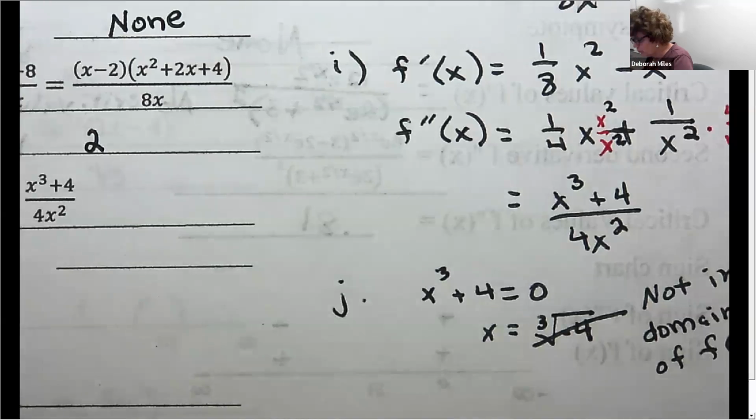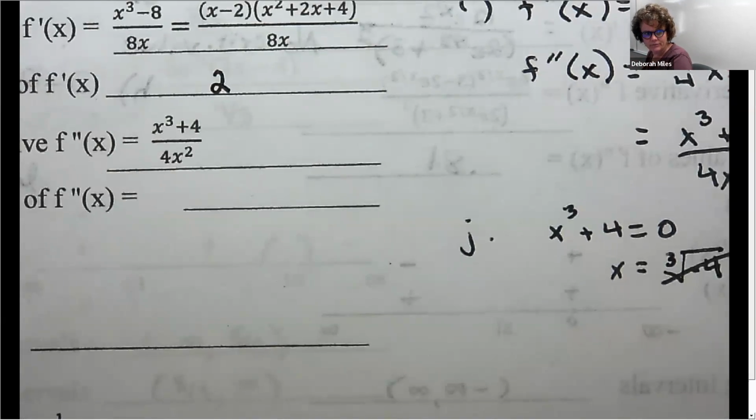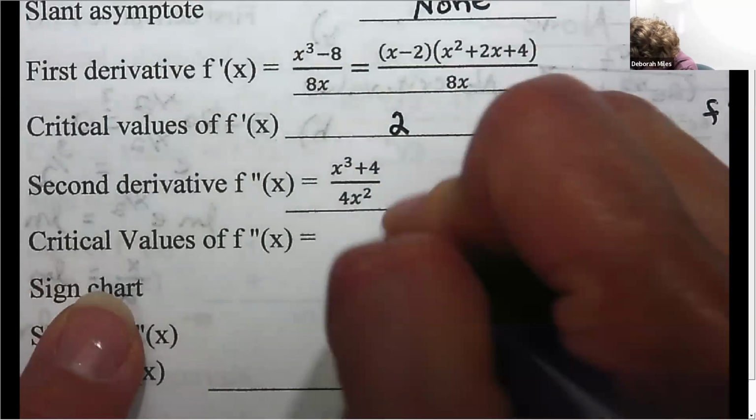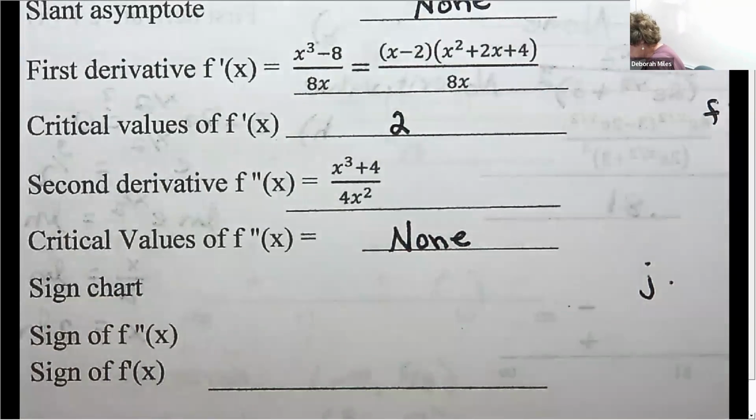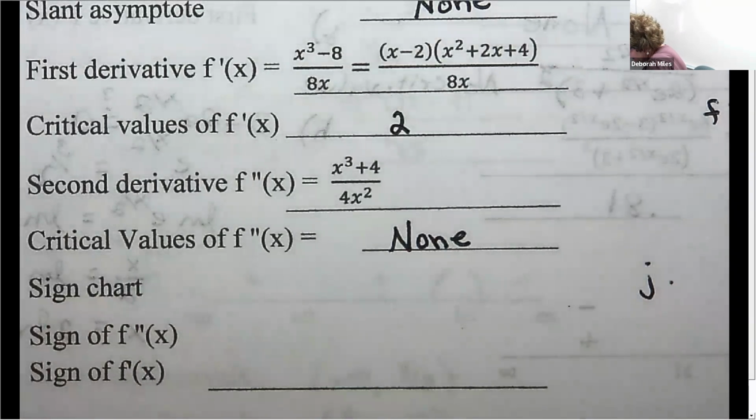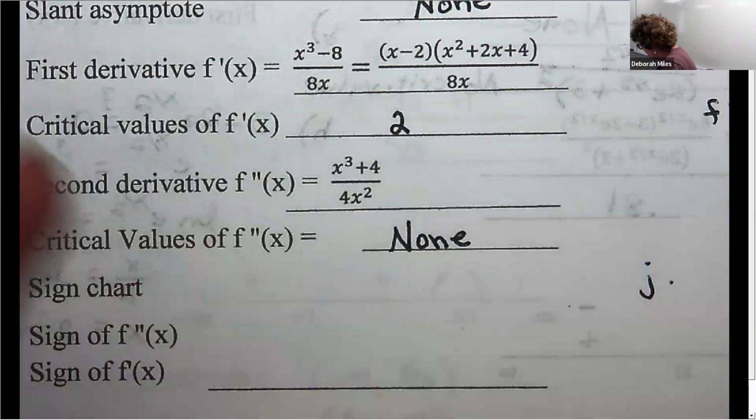So what does that tell us about critical numbers of the second derivative? There are none. Which tells us what else? No inflection points. And what does it tell us about concavity? No change in concavity. It's either always concave up or always concave down.